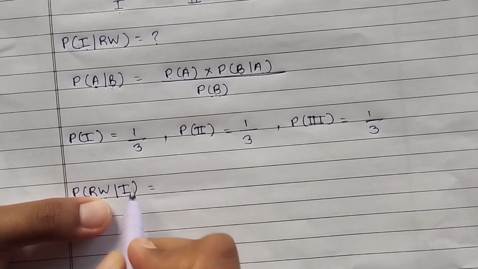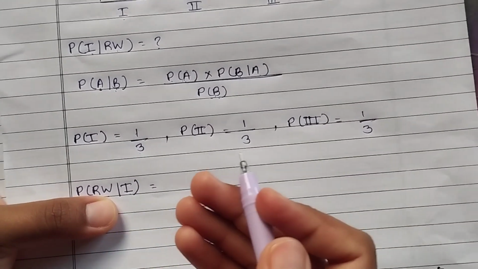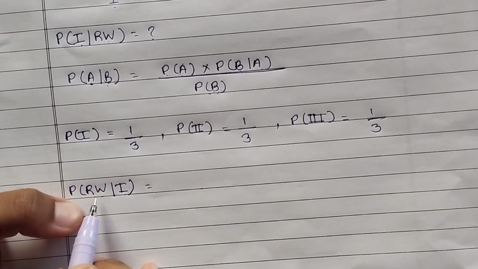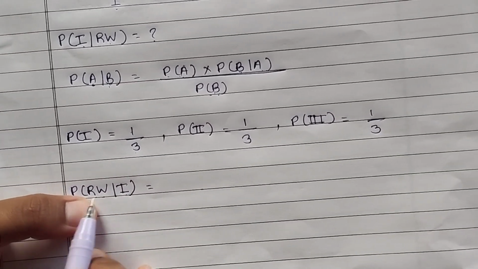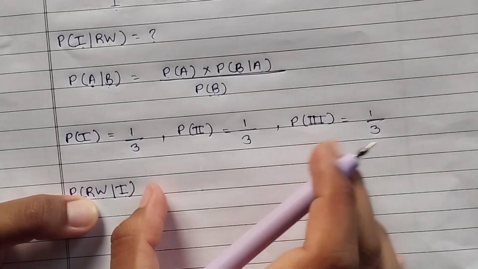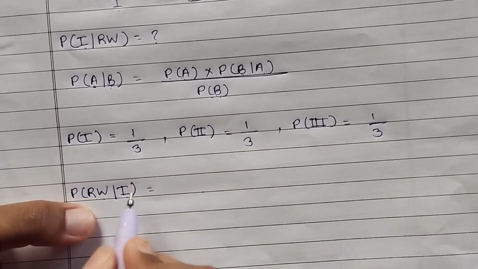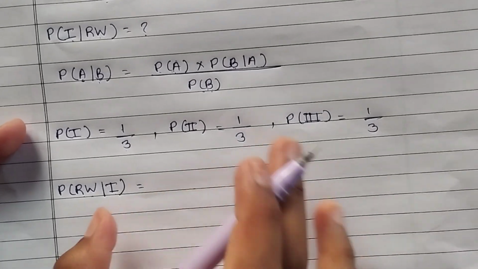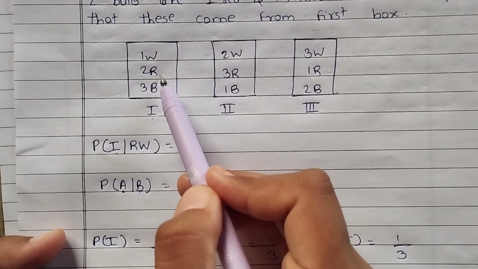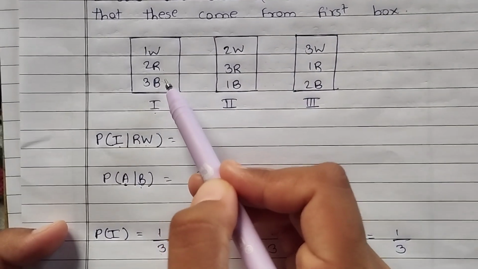Here, the term given right after the dash is the condition, and before it is the term we want to find out. So here we want to find out the probability of a red and white ball. Simply don't concentrate on this term, we only want to find one red and one white ball from the first box.